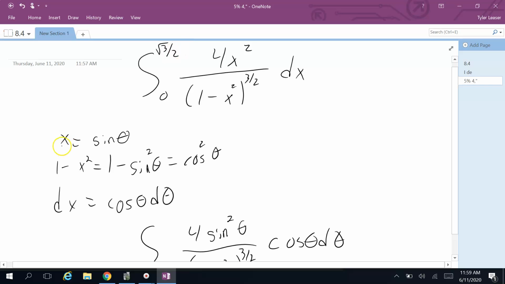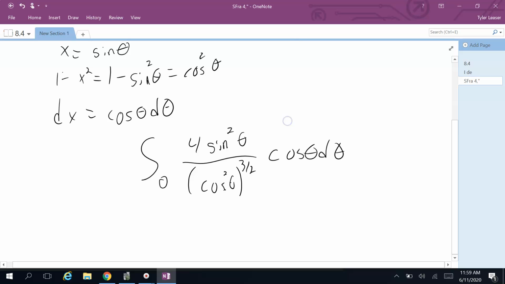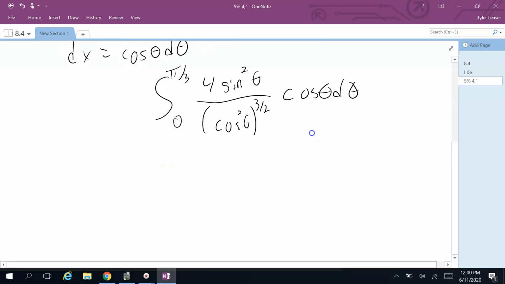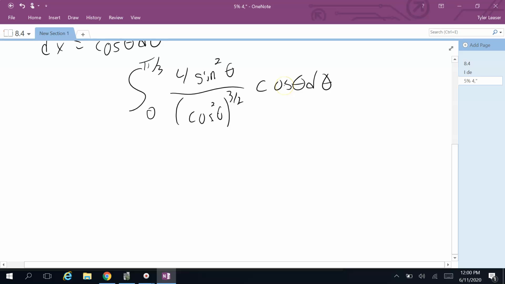But if my x is root 3 over 2, we're looking for the angle that if I plug into sine gives me root 3 over 2. And that angle is pi over 3. So just have a unit circle in front of you, or just Google unit circle, and you can find that pretty easily. Okay, so we've changed the limits to now be in terms of theta, which means we're not going to have to change it back to x at the end like we have been doing.